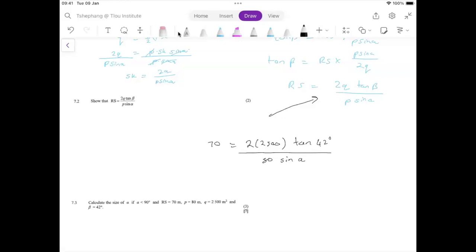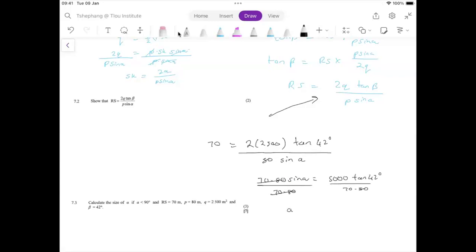All right. Then what we have is 70 times 80 sine alpha is equal to 5,000 tan 42 degrees. Then divide by 70 times 80, so that this cancels that.